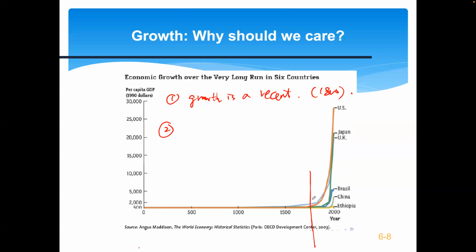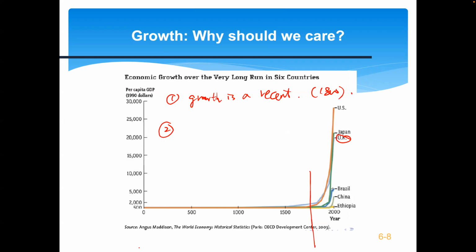If you take a closer look, you can see the UK starts to take off in its economic growth earlier than other countries. But regardless, when all these countries start to take off, you can see the growth in per capita GDP, or equivalently the standard of living, increase dramatically.